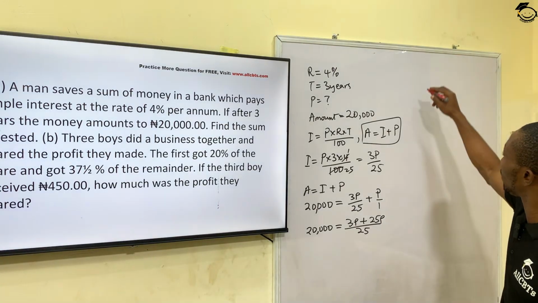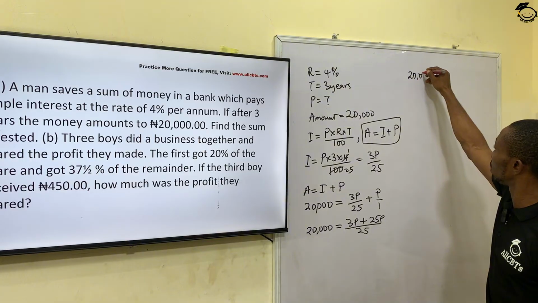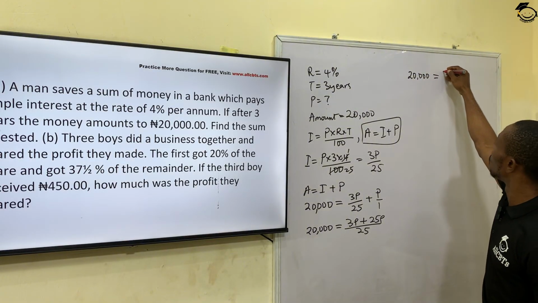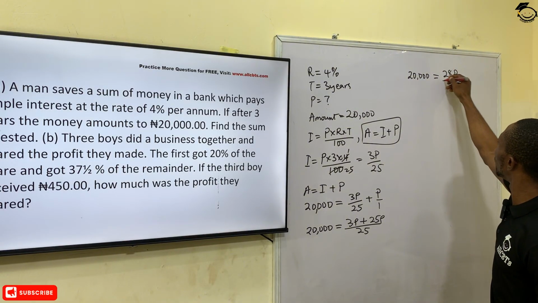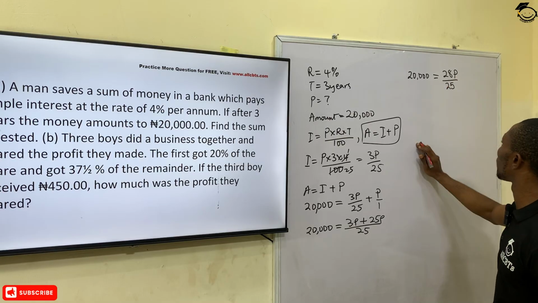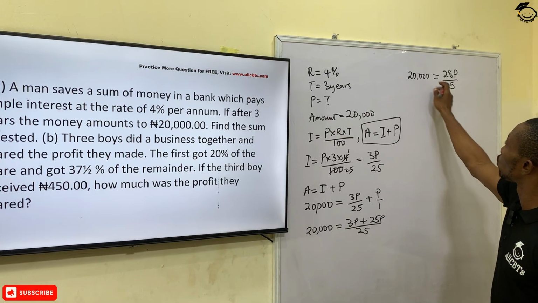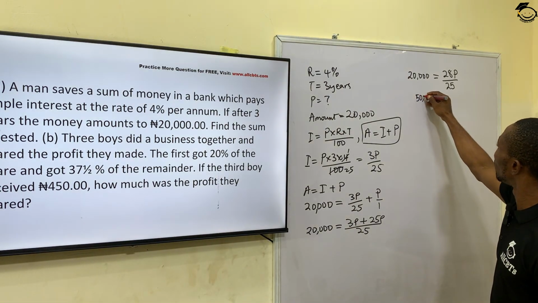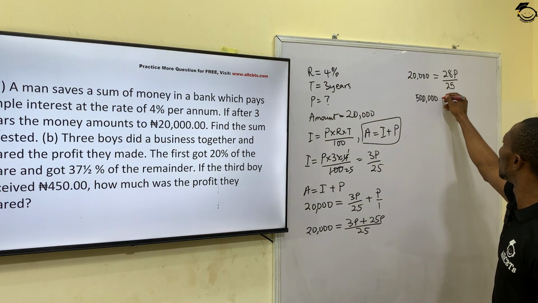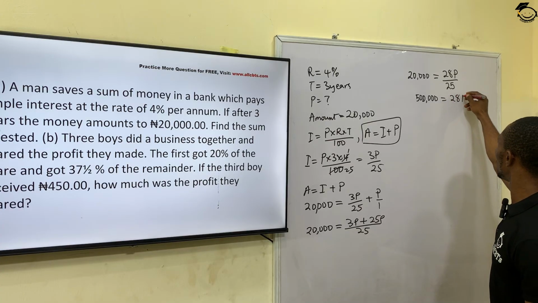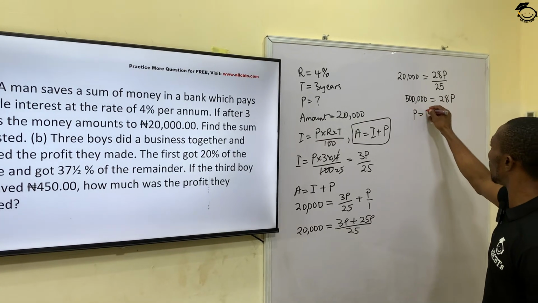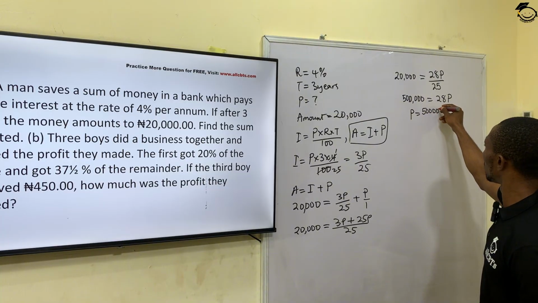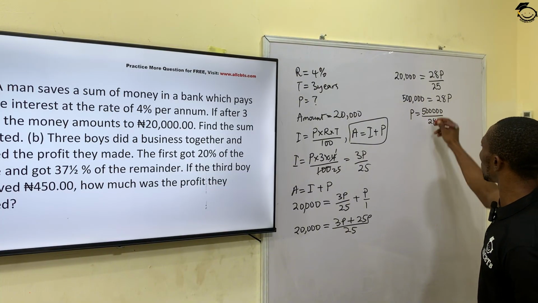So from here, we have it as 20,000 equals 28p over 25. So cross multiply, 20,000 times 25 would give us 500,000 equals 28p. So our p would be 500,000 divided by 28.